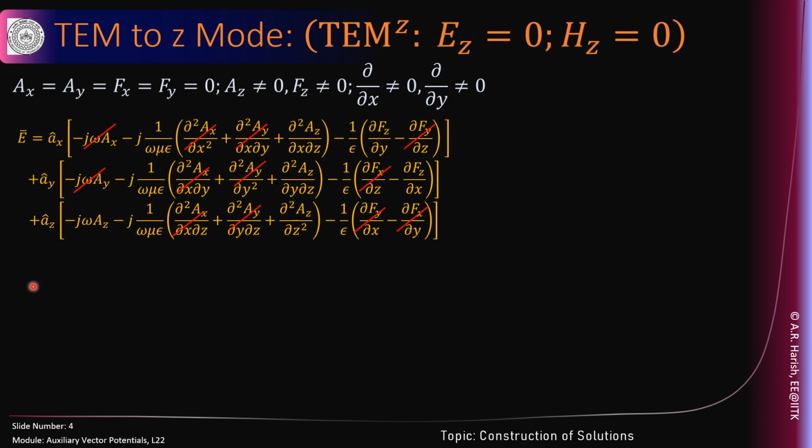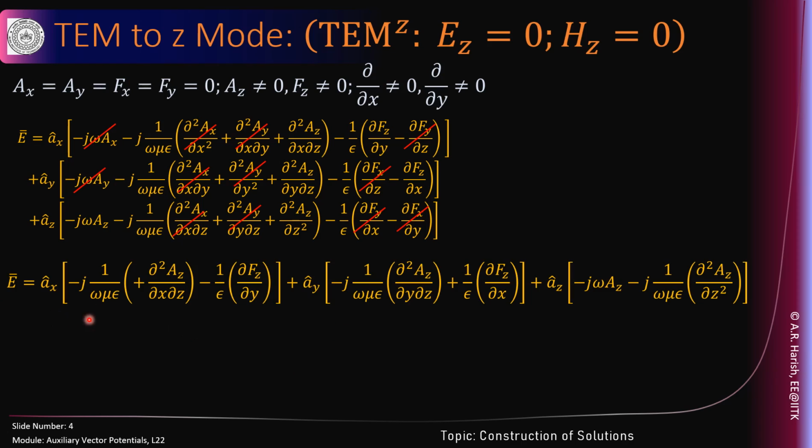The moment we do it, all of these terms will get cancelled off and we are left with a little smaller equation for E, which has three components, Ax, Ay and Az. But we want Ez to be 0.